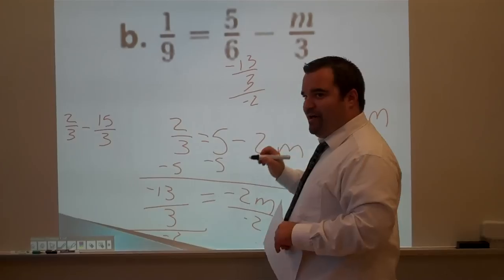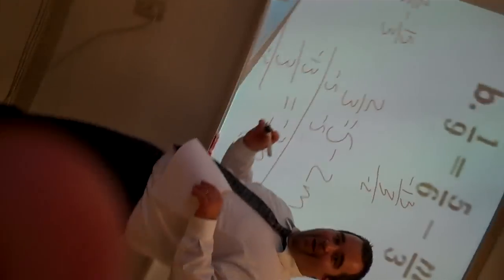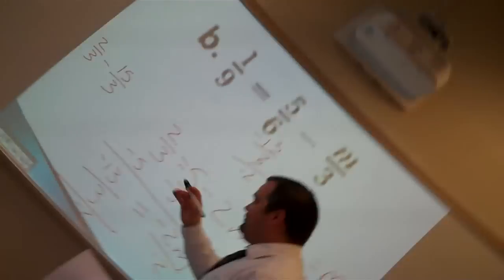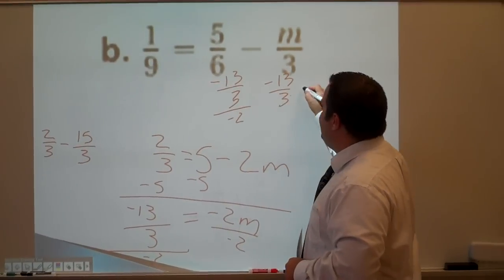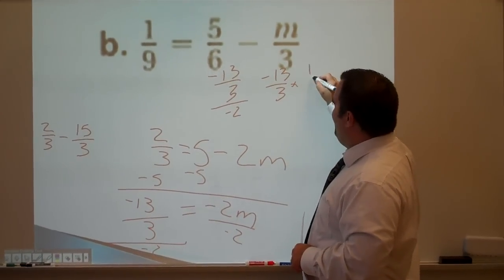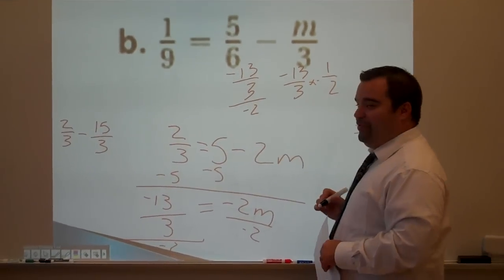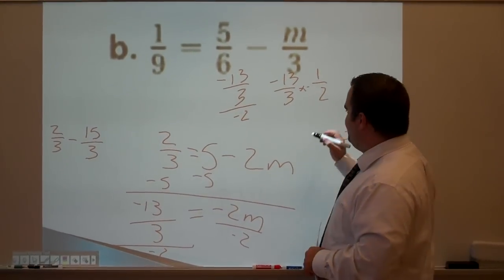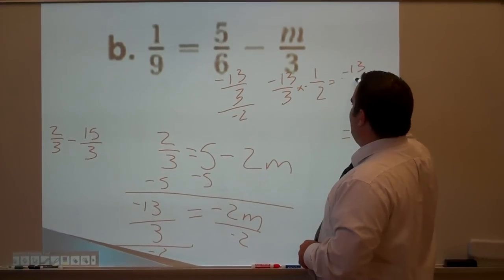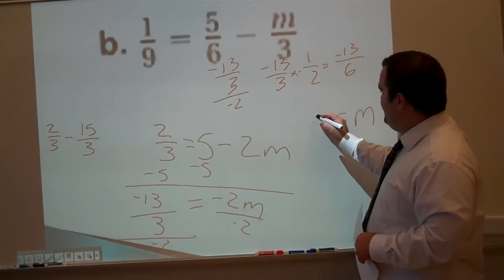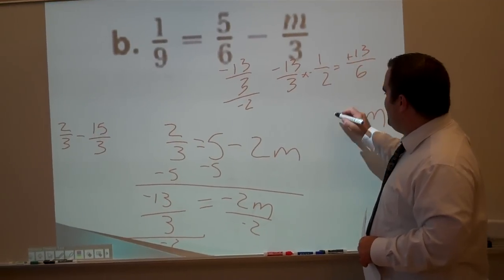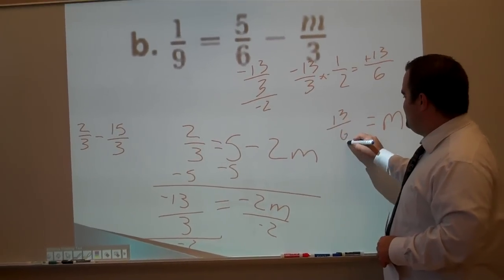I multiply by the reciprocal. Negative 13 over 3 times 1 over negative 2. Negative 13 over 6. No, positive. Yeah, that's my answer. 13 over 6.